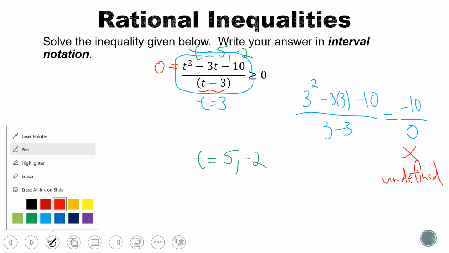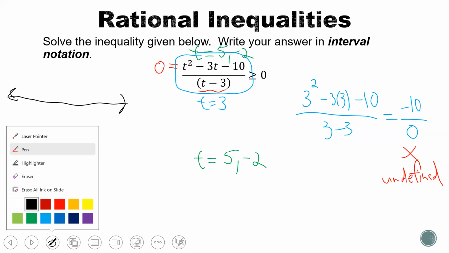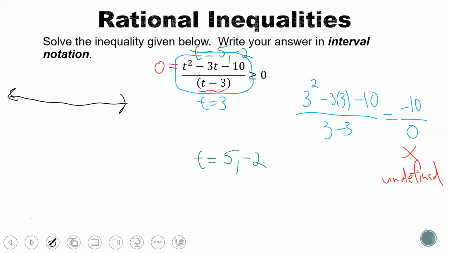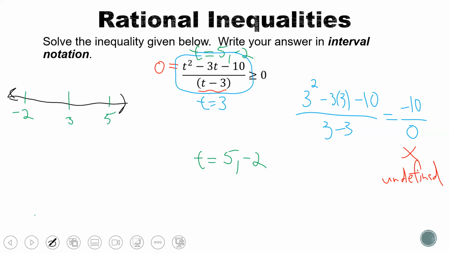So that's going to be important as we go now to set up our number line and try to figure out the values that solve this inequality. I'm going to set up my number line here. I'm going to mark all 3 of those values that we found in numerical order. The lowest we have is negative 2, the middle value will be 3, and then our higher value will be positive 5. And as a reminder for myself, I'm going to mark what we get if we plug each of those values into the expression.